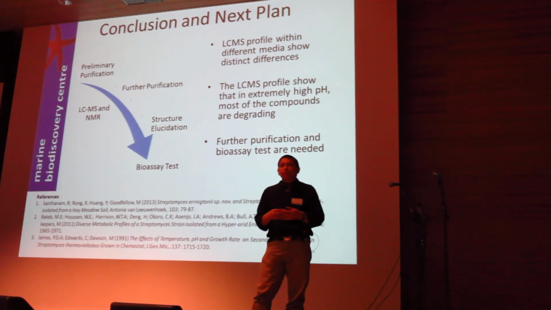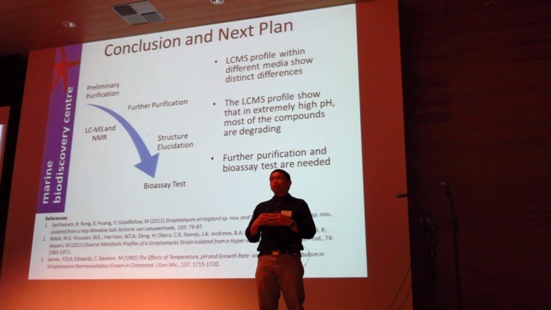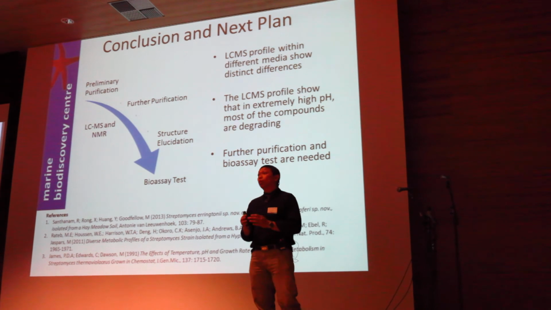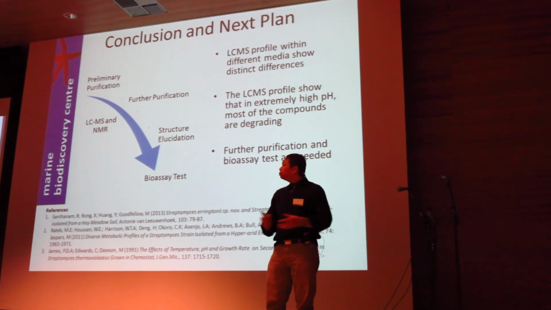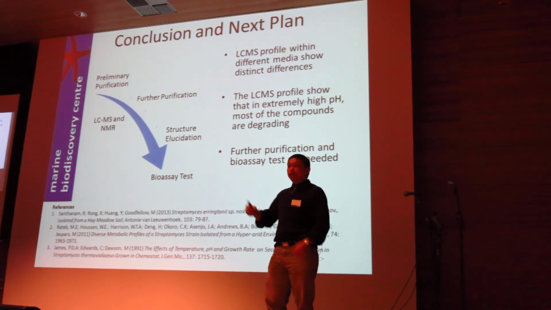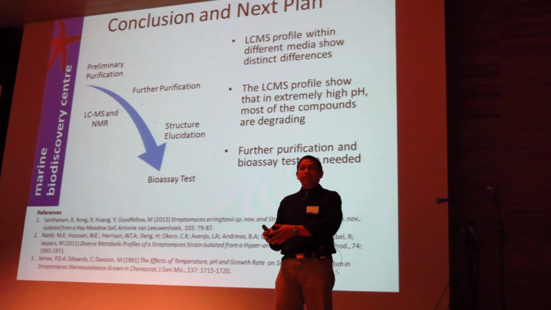So right now we need to do further purification because there are so many compounds there that we don't know yet. After the further purification, we're going to do another LCMS and NMR to get the structural elucidation.